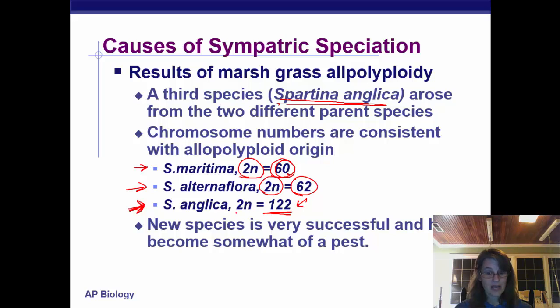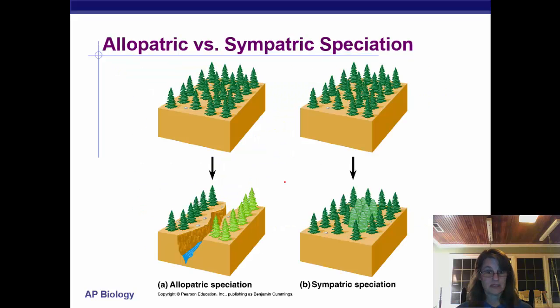What happened is we got a new species created because these didn't undergo meiosis when the sex cells got together. It is a very successful plant. It has become a pest in Europe where it has now taken root, kind of an invasive species.